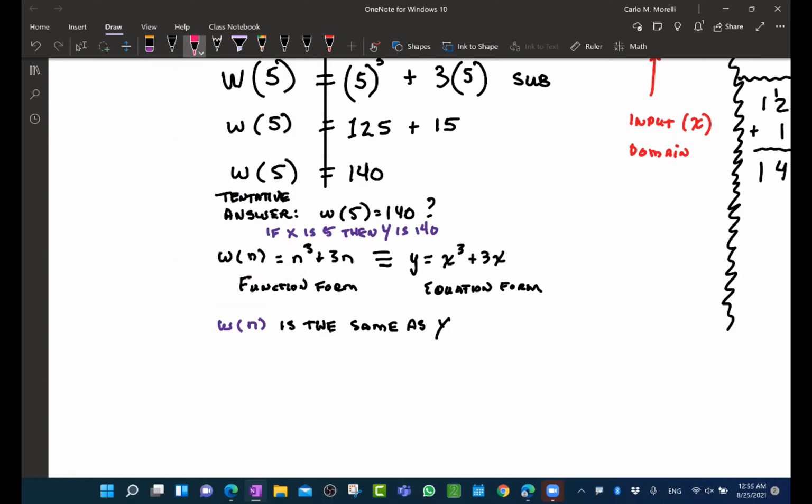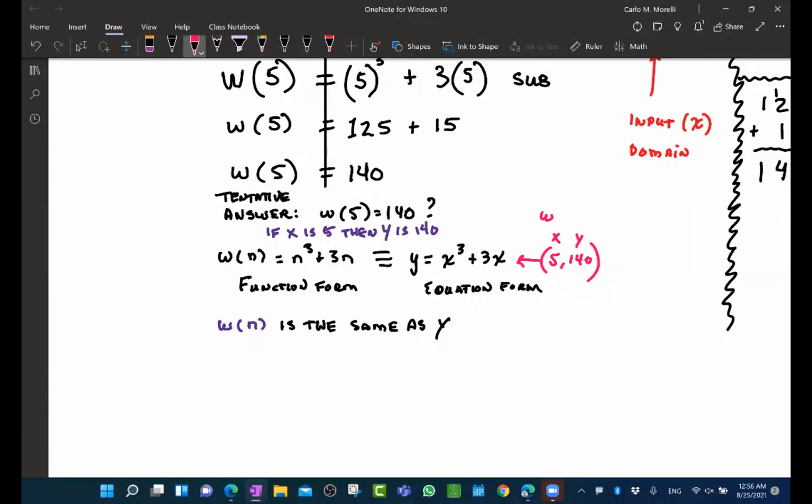Think about this line here, okay? So what we should see is on this line here, if I were to graph this, I should see 5, 140 should be a coordinate pair where that's the X and that's the Y, okay?